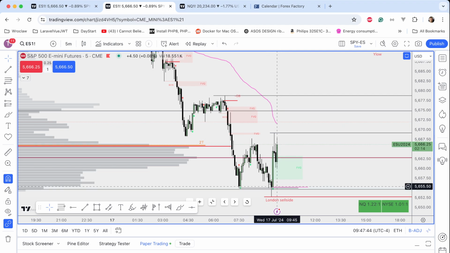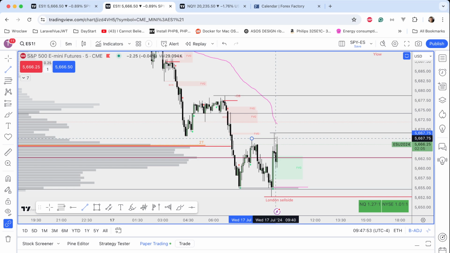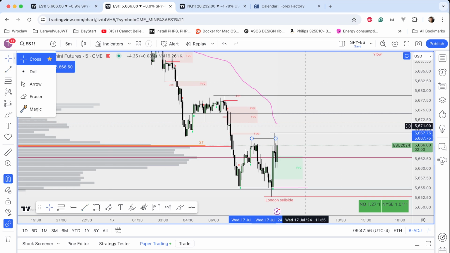Let's put this thing back. Sometimes I forget about the levels, and let's put that bit here that we have consumed that liquidity, and that's okay.